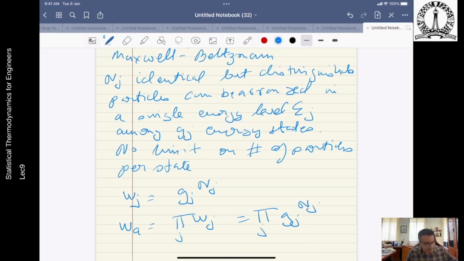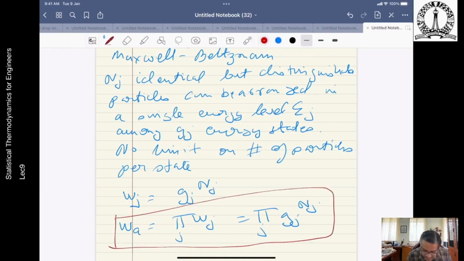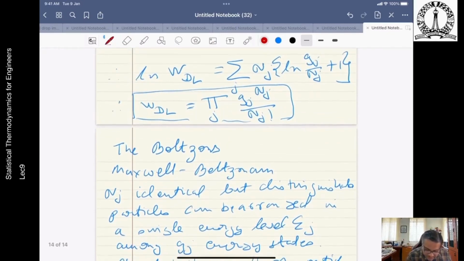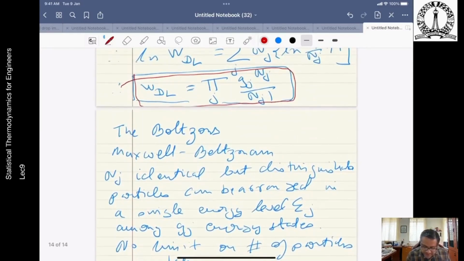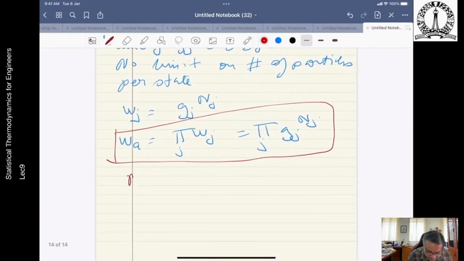Now if you compare this expression, which is what Boltzmann did, with the one in the dilute limit, you will see that there is a factor Nj factorial which is off. That is because, in comparison to bosons and fermions, we do recognize that for distinguishable particles a new microstate is formed when the particles are exchanged among the energy levels.